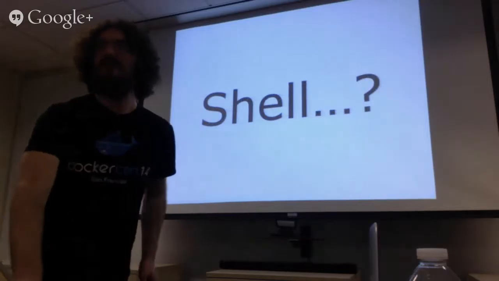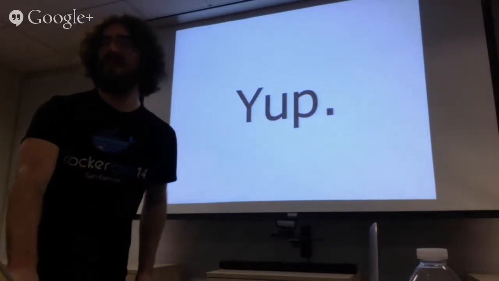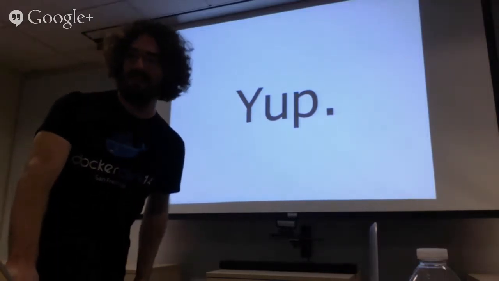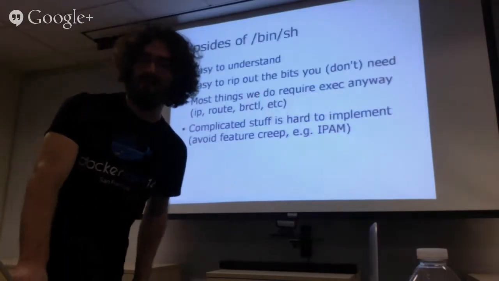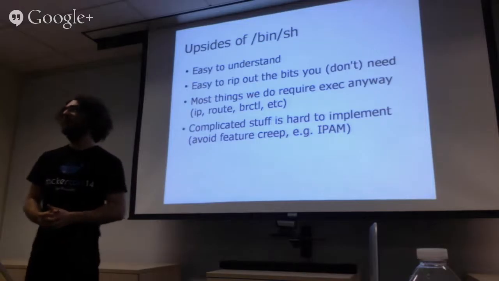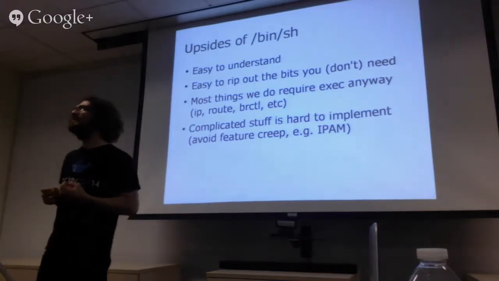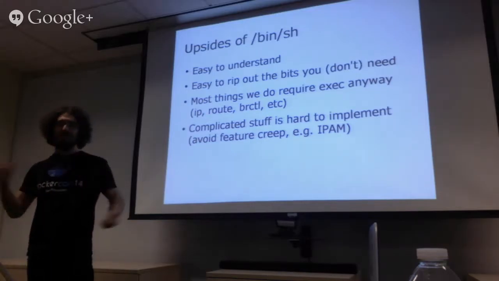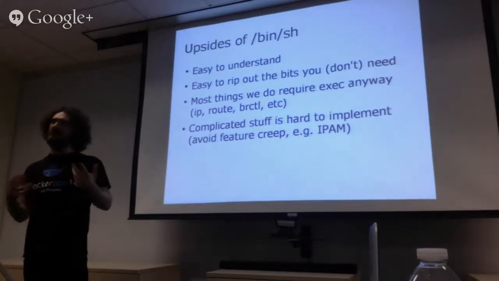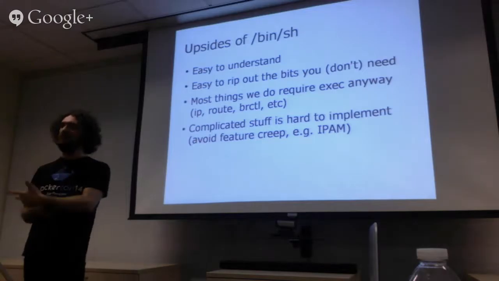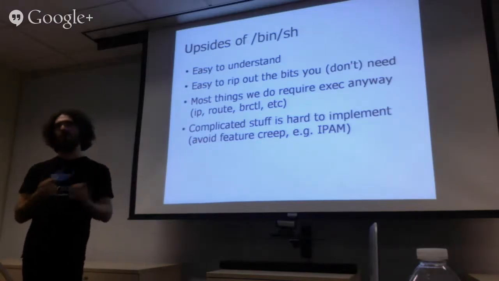So people ask, why did you write that with a shell script instead of using a real programming language? The point of using a shell script is that it's really easy to understand. It's already pretty difficult to get the basics of how network namespaces work, how you can move interfaces from one to another.